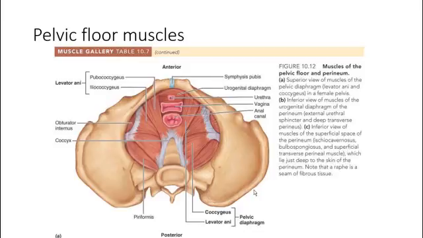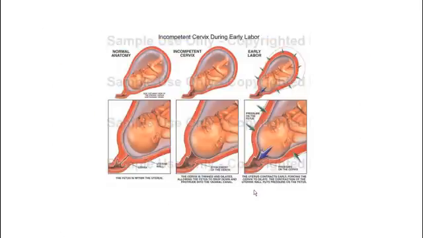There are definitely women who, when they're pregnant, should not exercise, and we're going to go through the contraindications and precautions for exercise. So women who have what's called an incompetent cervix should not exercise, and this is essentially premature dilation of the cervix. The cervix is the area at the bottom of the uterus, and it's supposed to stay shut all the way through full term.